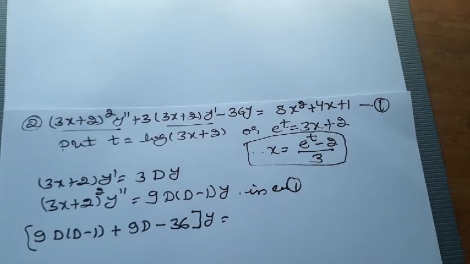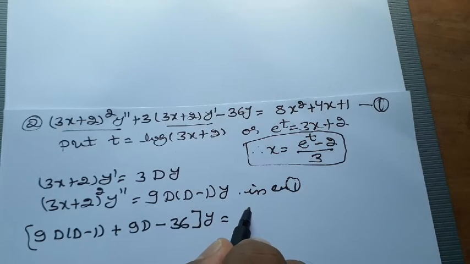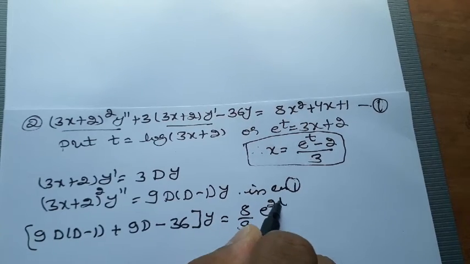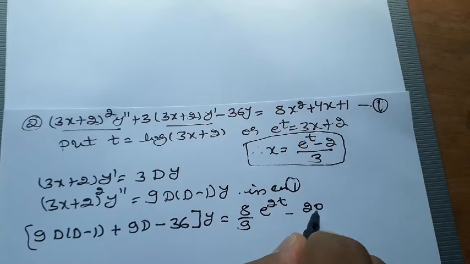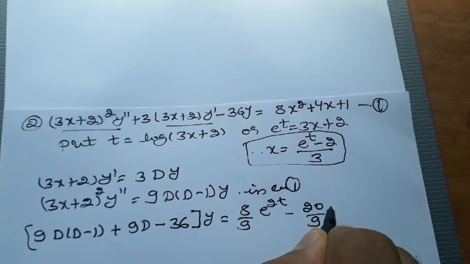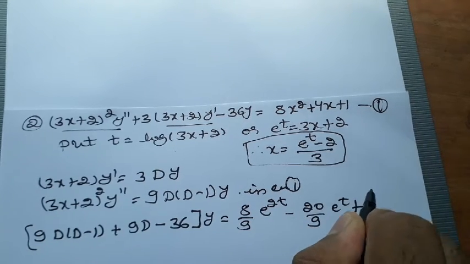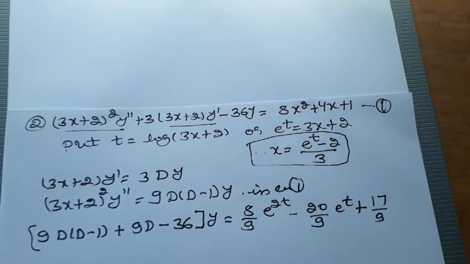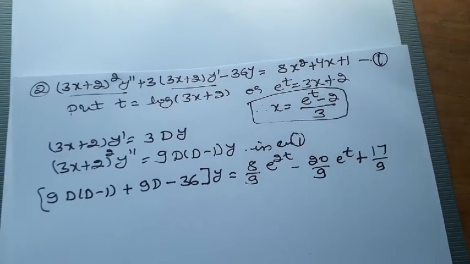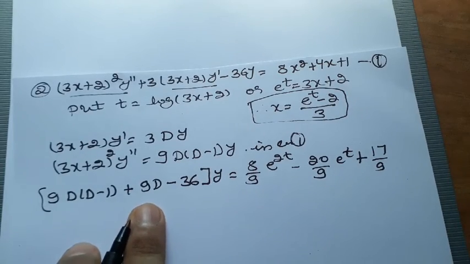You will get the answer as 8/9 e^(2t) minus 20/9 e^t plus 17/9.